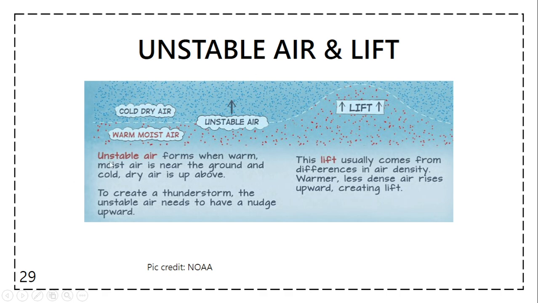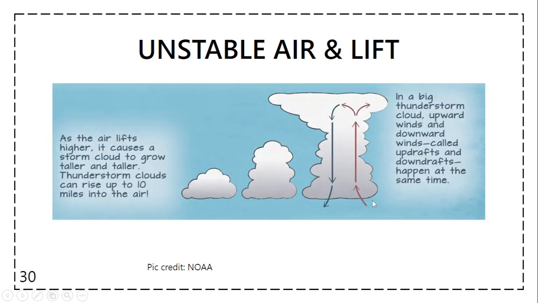Unstable air and the lift. Unstable air forms when warm, moist air near the ground meets cold, dry air up above. To create a thunderstorm, the unstable air needs a nudge upwards. That brings me on to lift. The lift usually comes from differences in air density. Warmer, less dense air rises upwards, creating lift.